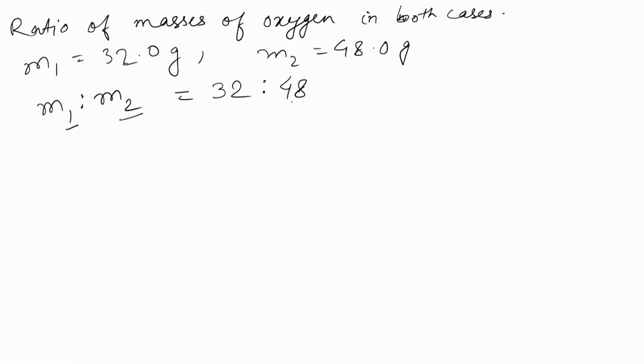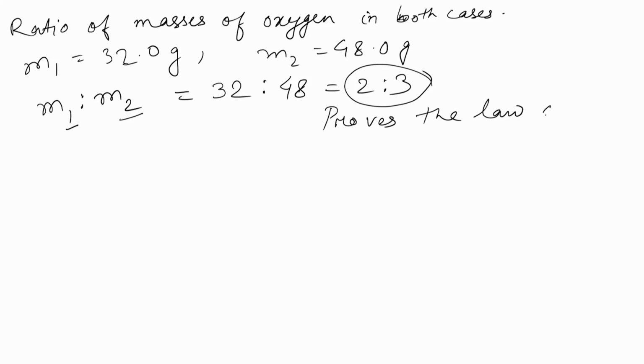If we divide both of these by 16, it gives 2 is to 3. So this is a simple whole number ratio. This proves the law of multiple proportions.